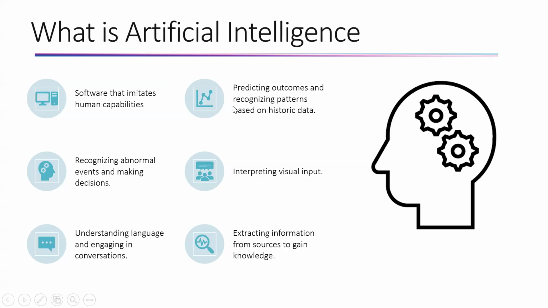This is followed by machine learning, neural networks, and even LLMs. All these systems learn from data, recognizing abnormal events and making decisions. These are all examples of AI interpreting visual inputs, extracting information from sources to gain knowledge, understanding language, and engaging in conversations.